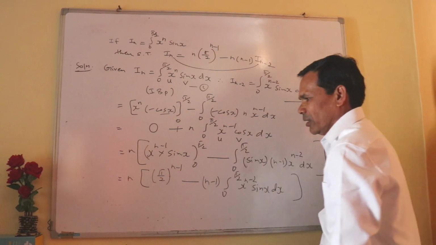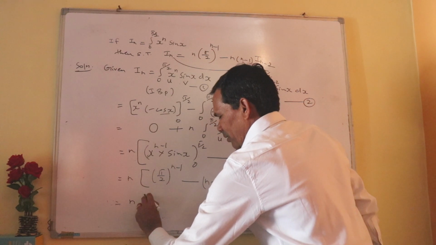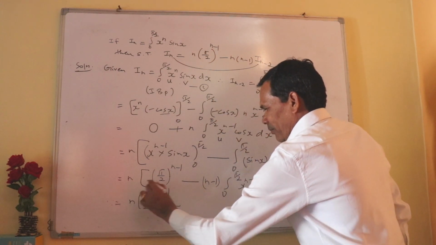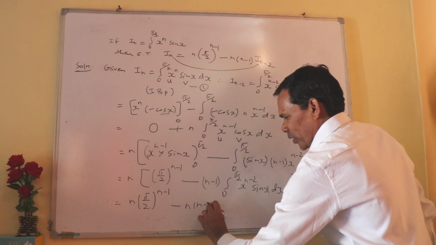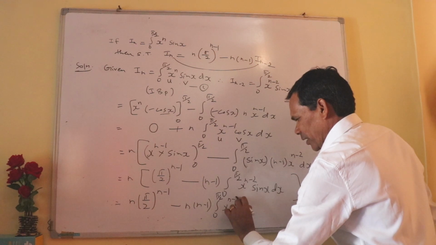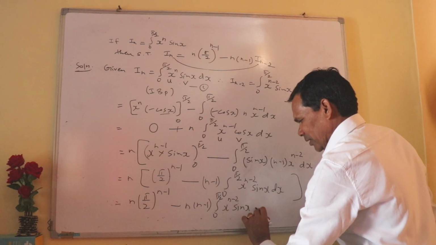Now I simplify this further: n times pi by 2 bracket raised to n minus 1, then n multiplied by n minus 1, times the integral 0 to pi by 2 of x raised to n minus 2 sin x dx.